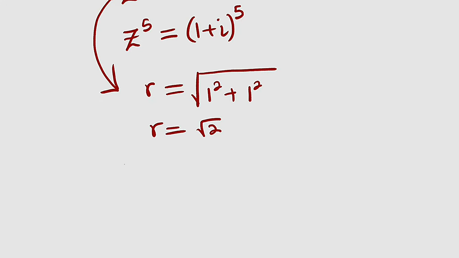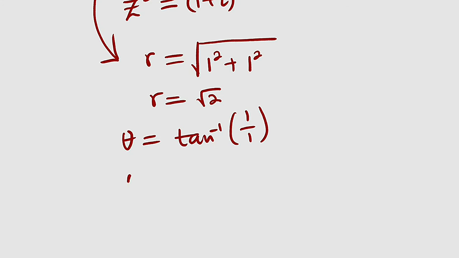Then for the angle theta, it is the same thing as tan inverse of what? b divided by a. b is 1, a is 1. 1 divided by 1 is equal to 1, and tan inverse of 1 is 45 degrees, or pi by 4. So let's use the radian. Theta is equal to pi by 4.